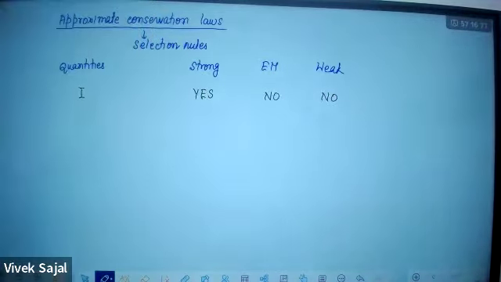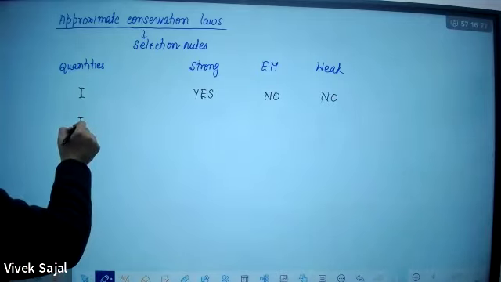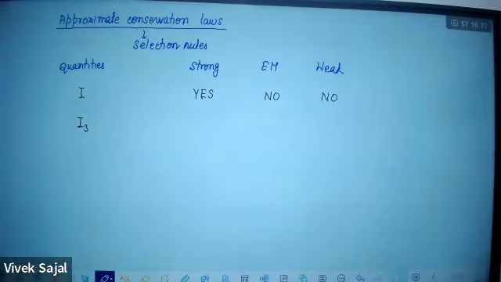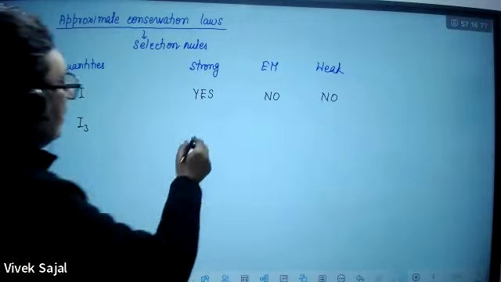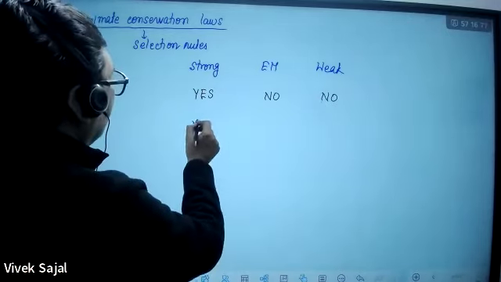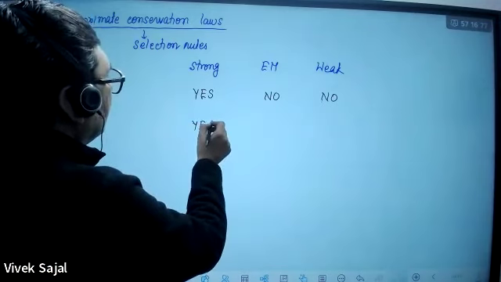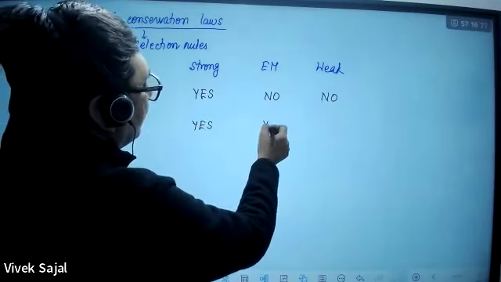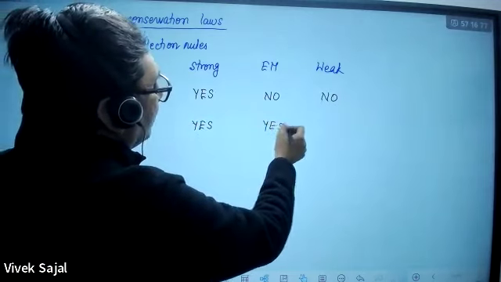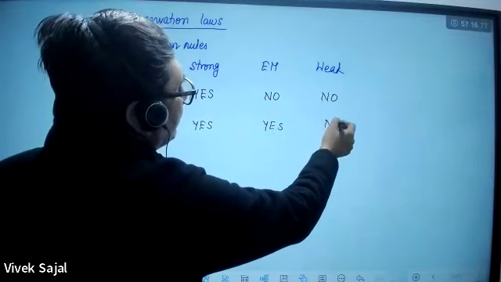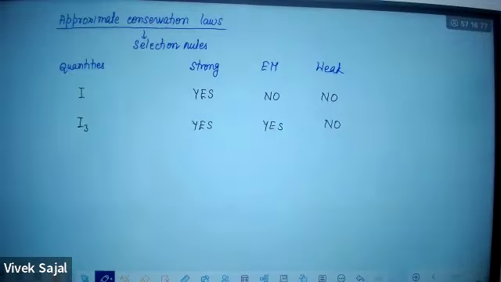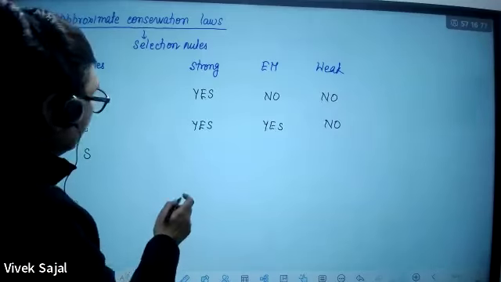Next, I3 will be followed in strong and in electromagnetic, but it will not be followed in weak interaction. This is I3. Third is the strangeness number.